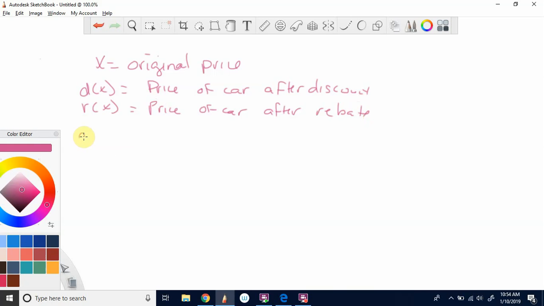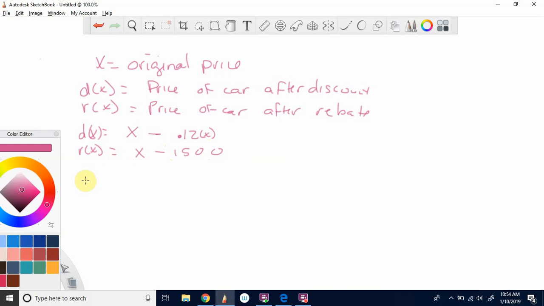So what is D of x? After the discount, it's the original price, x, minus the discount, which is 12% off, so 0.12 of x. That would be the discounted amount. And R of x is going to equal the original price minus the rebate of $1,500. So those are my two equations.